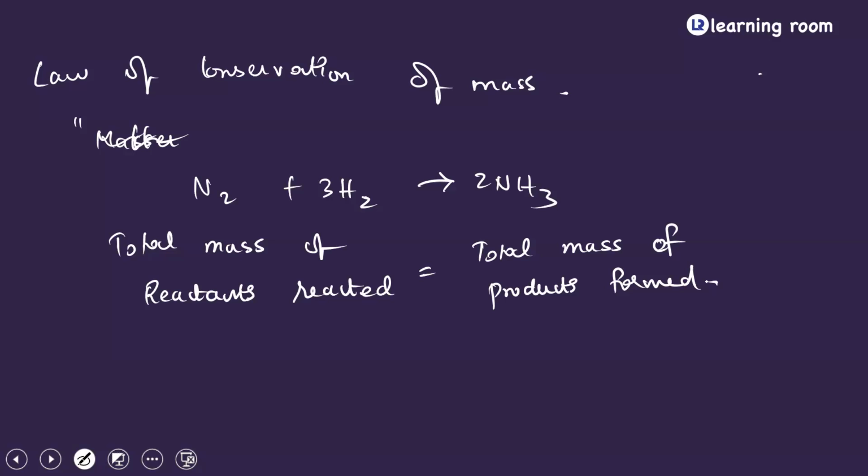Anyway, now we'll see about this, which is called the law of conservation of mass. Next, what we are going to see is the law of constant proportion or definite proportion.